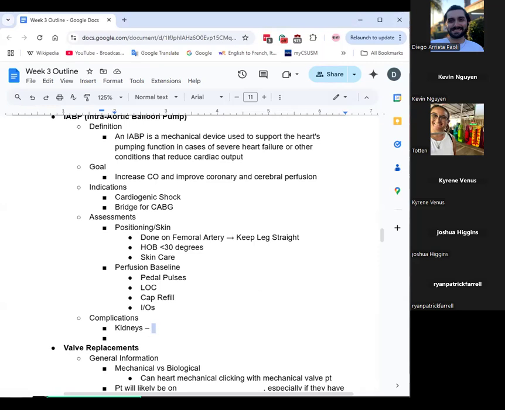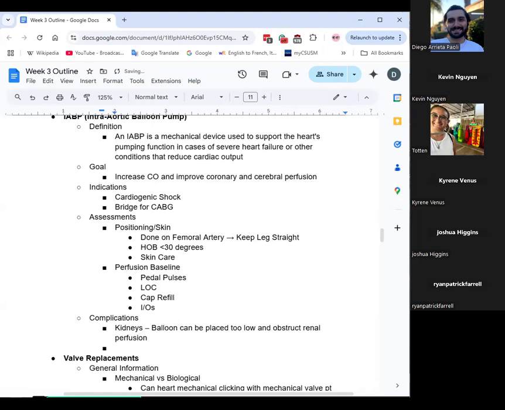And let me get the chart open again. If we're talking about contrast, then yeah, Mucomyst can be good. But in this scenario, specifically for the IABP, the balloon can be placed too low and obstruct renal perfusion. So that's why the eyes and nose are very important, your labs, but more or less your eyes and nose.